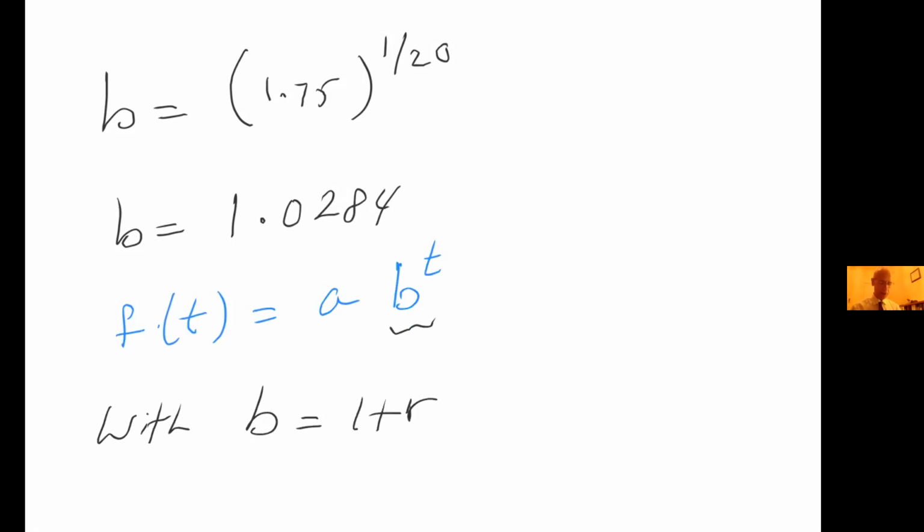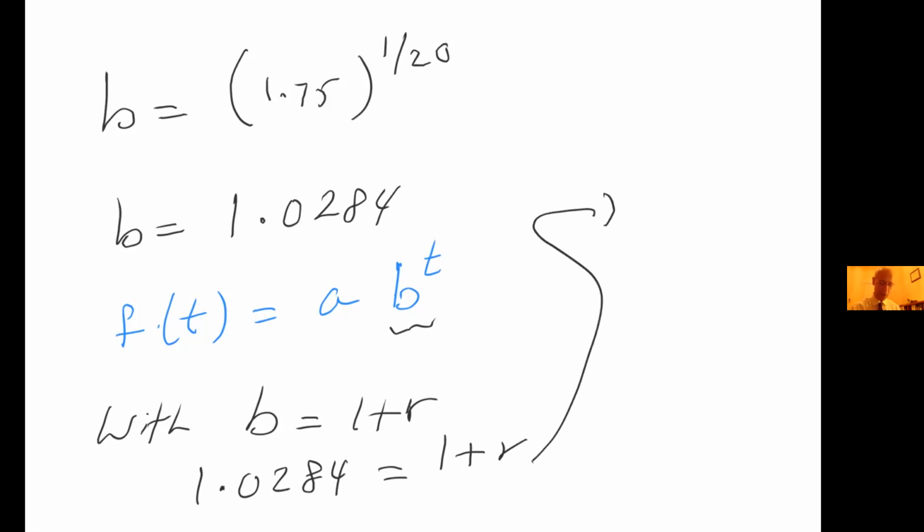So we said that b is 1.0284. That equals 1 plus r. If I subtract 1 from both sides of this equation, I will have r equals 0.0284 in decimal form. So if I multiply that by 100 to get percentage, I get r equals 2.84%.